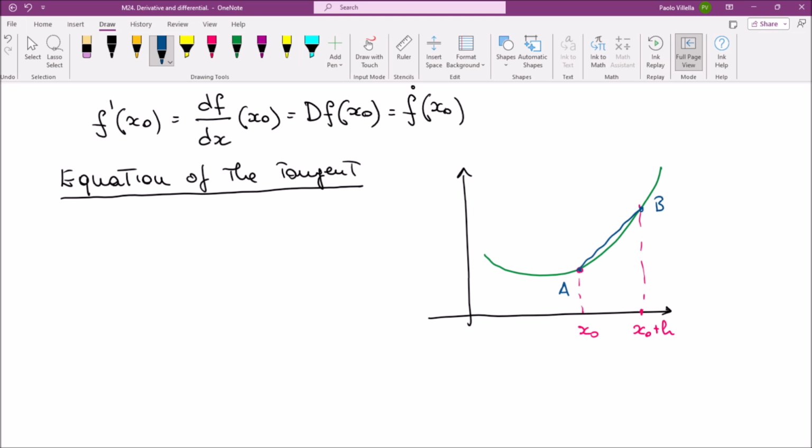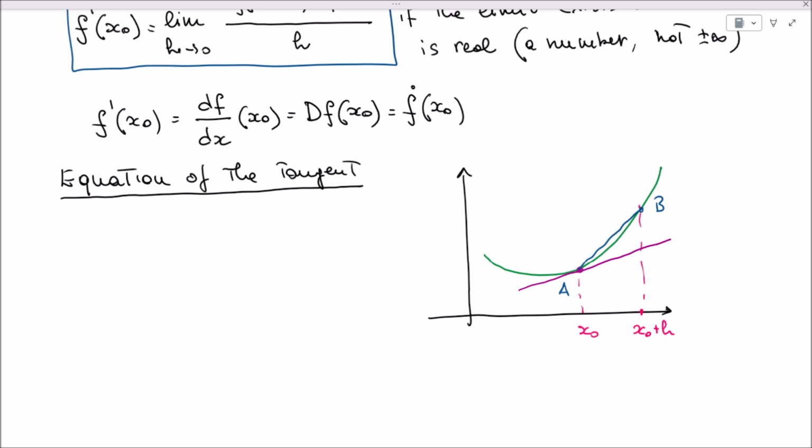And let me plot the tangent with a different color. So this will be exactly the tangent.